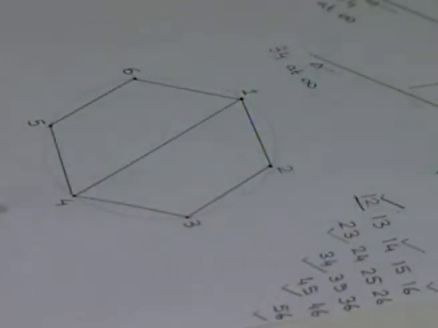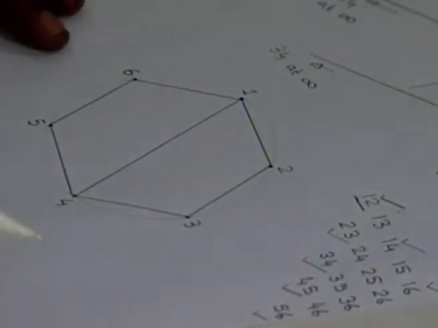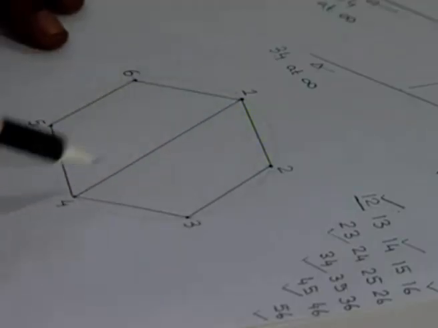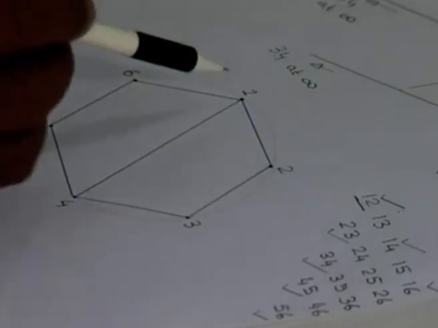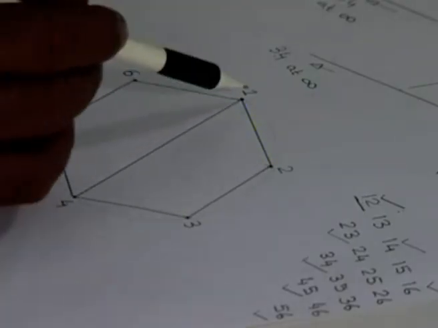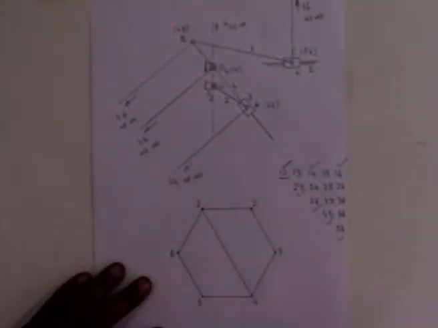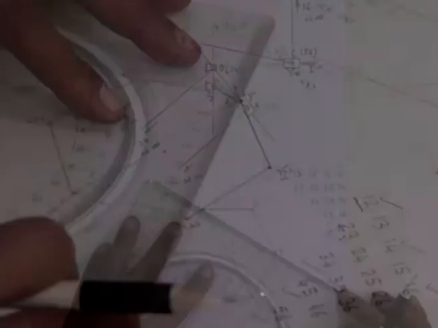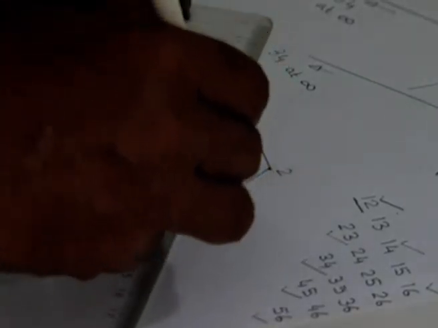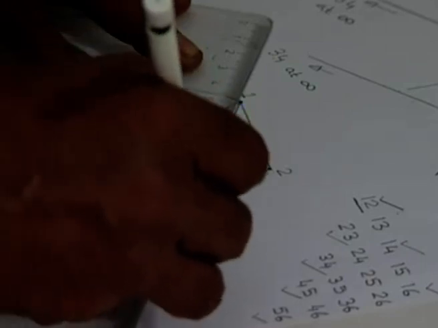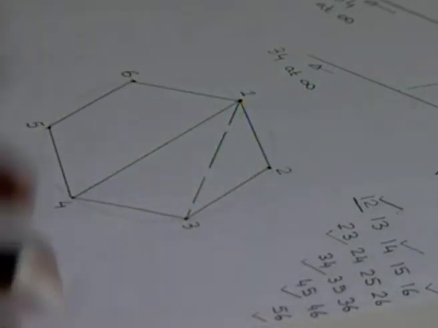Now to apply the Aronhold-Kennedy theorem systematically, we should consider a quadrilateral in this figure. For example, I have already completed a quadrilateral, namely 1, 2, 3, 4. All the 4 sides are known. Then the diagonals of this quadrilateral can be decided at the second stage. For example, I can determine this diagonal, 1, 3, as follows.